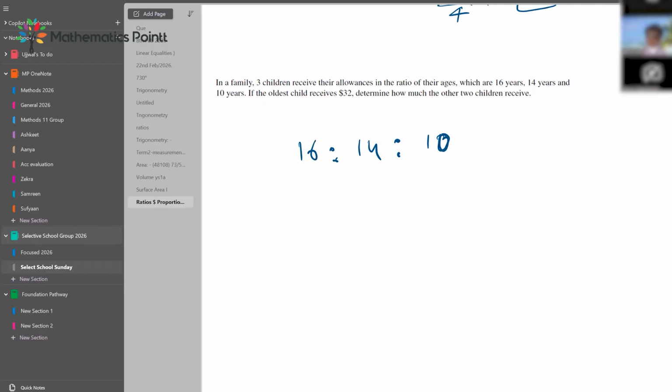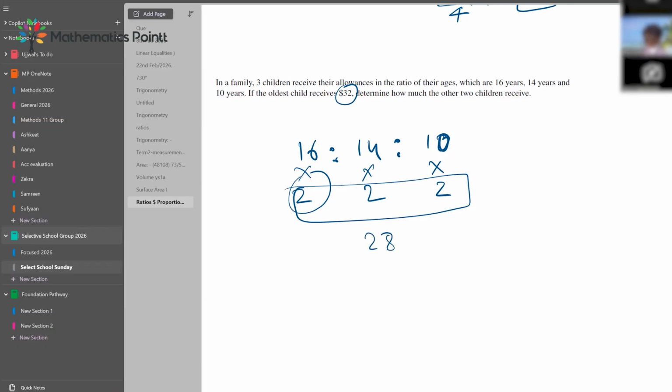So if this one receives 32, how do I make it 32? Times 2. So if this is times 2, this has to be times 2, this has to be times 2. I'm just making them equivalent. So 28 and 32, 28.